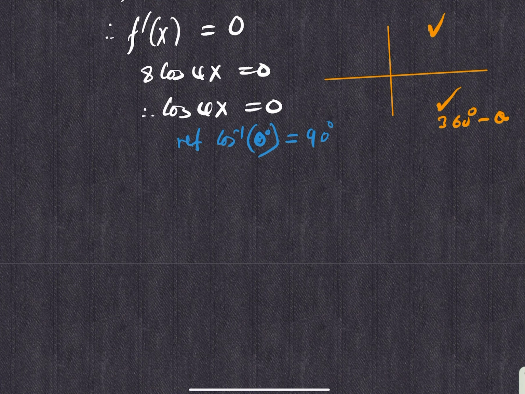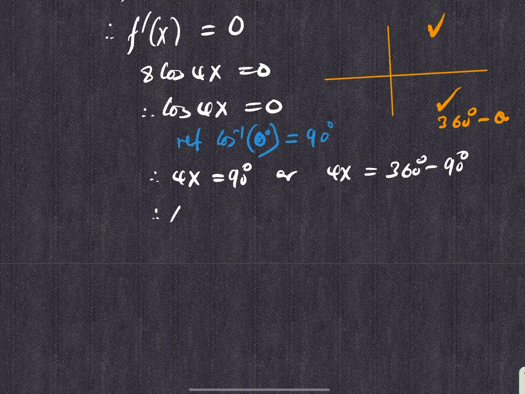This means that you're going to say to yourself that 4x is equal to 90 degrees, or, where is cos positive? It's positive here. That means you're going to get 4x is equal to 360 degrees minus the reference angle plus 360k, where k is an element of the integers. So you're going to get x is equal to 90 divided by 4.